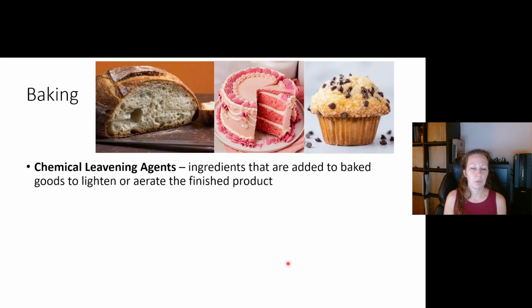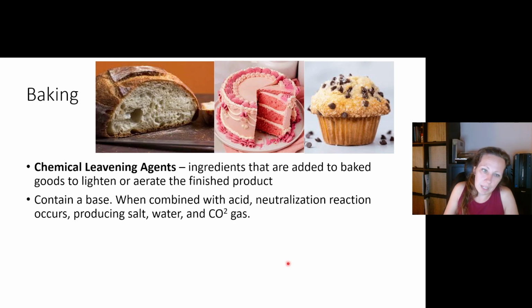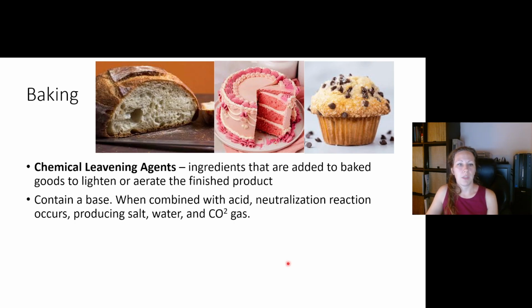Okay, so chemical leavening agents are ingredients that are added to baked goods to lighten or aerate, to make the finished product rise. So the key thing here is that these chemical leavening agents are going to contain a base, and then when that base combines with acid, a neutralization reaction occurs, producing salt, water, and carbon dioxide gas.